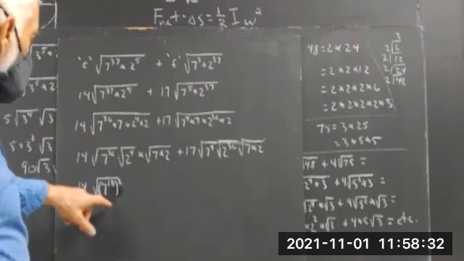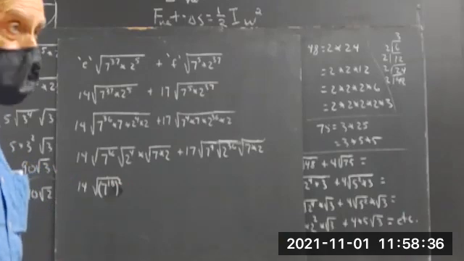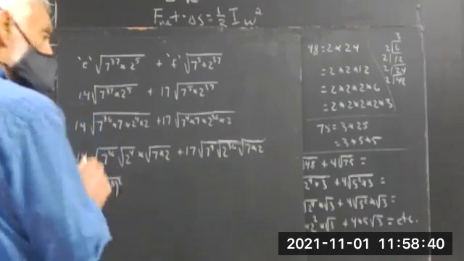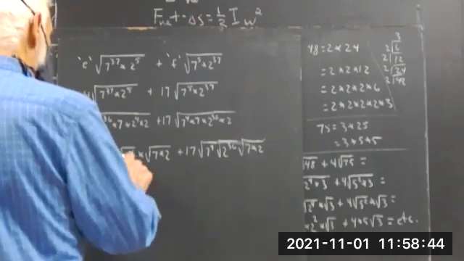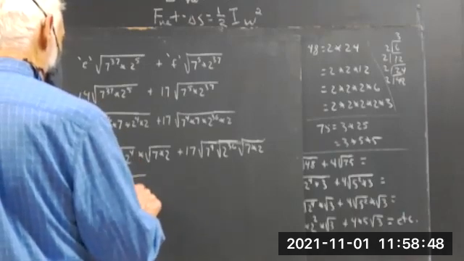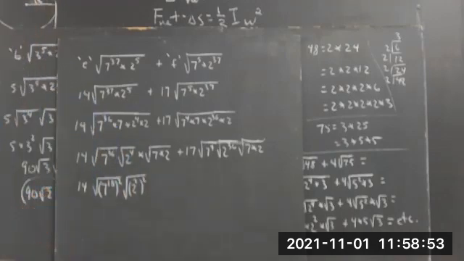I can write 7 to the 36 as 7 to the 18th squared, can I? Not necessarily the way everybody did it, and what everybody did was good. And the square root of 2 to the 4th is 2 squared.